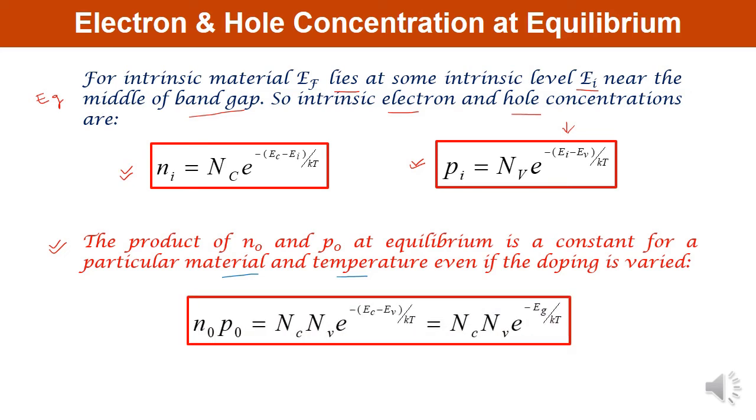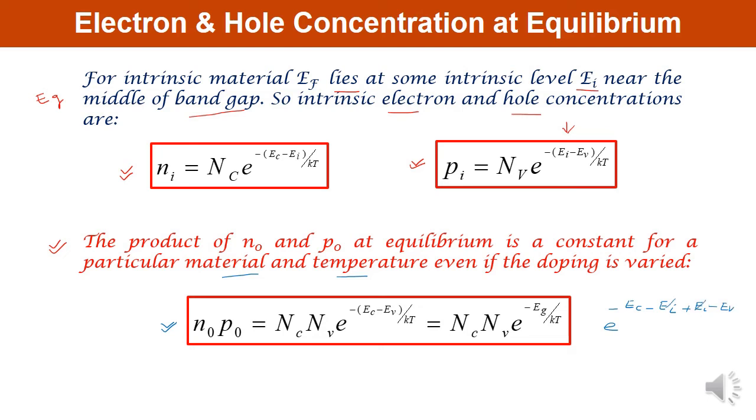So what would be n naught into p naught? From the above equation, it would be Nc Nv, multiplication of these two terms, and here you will be getting e raised to the power, this particular term will be minus (Ec minus Ei) minus (Ei minus Ev).